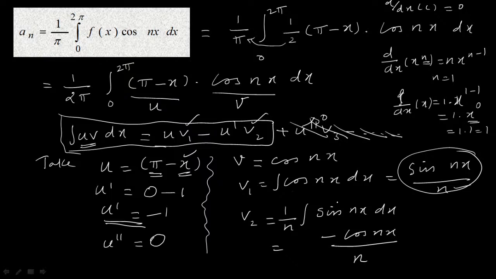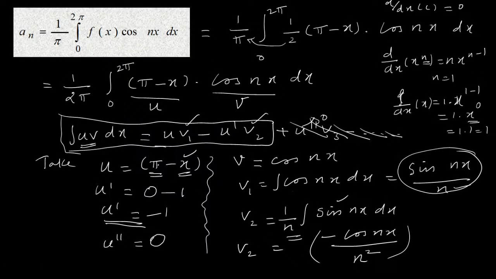We already have one n in the denominator, and one more n, so n product n becomes n square. So your V2 is minus cos nx divided by n square. Now we calculate integral uv dx is equal to u v1 minus u dash v2 and substitute the limits.